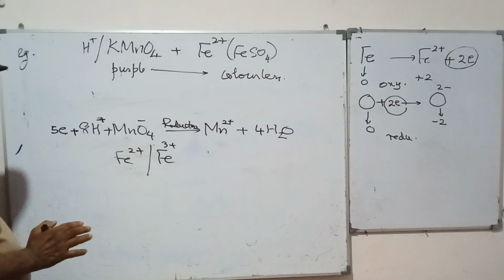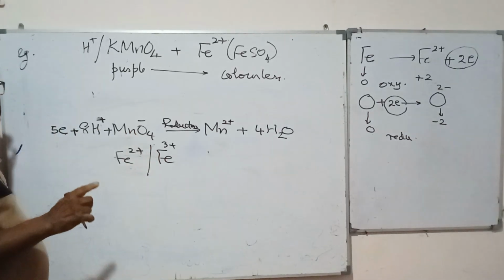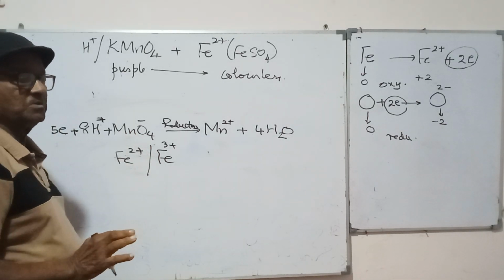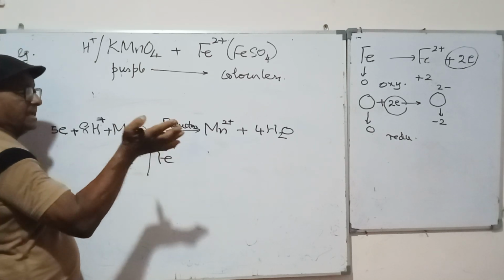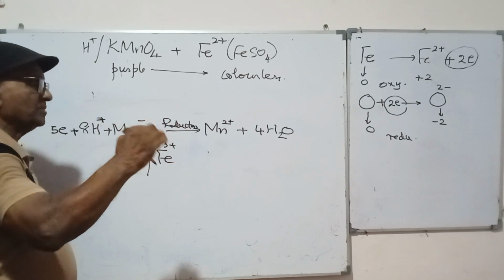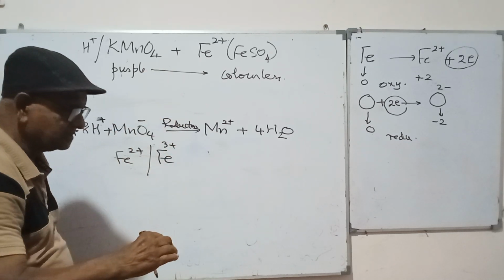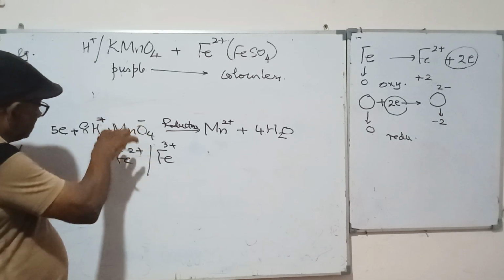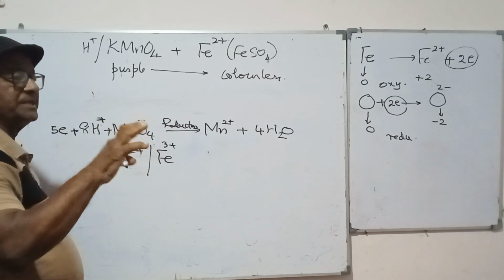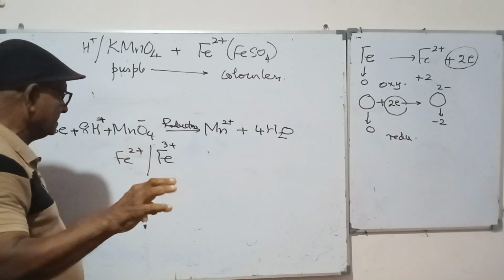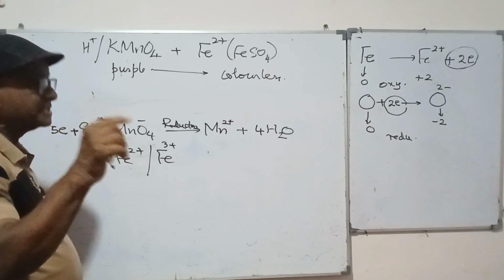Then you must think: MnO4 minus should be reduced. I told you, because Mn is at the highest oxidation state plus 7, it is unable to oxidize. It should be reduced. If it undergoes reduction, the other one should be oxidized.